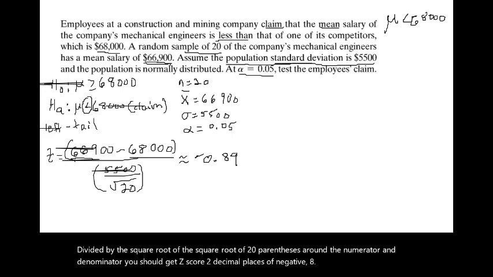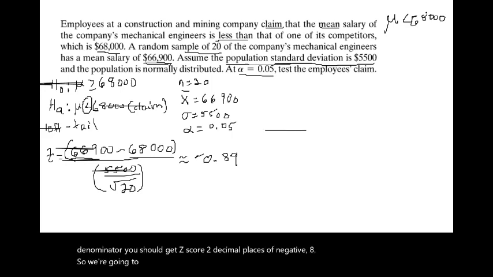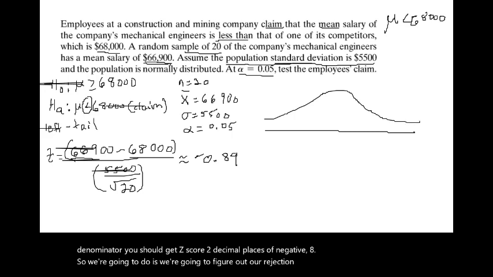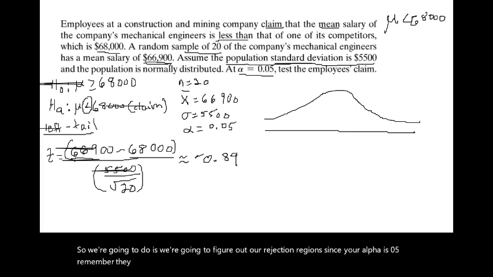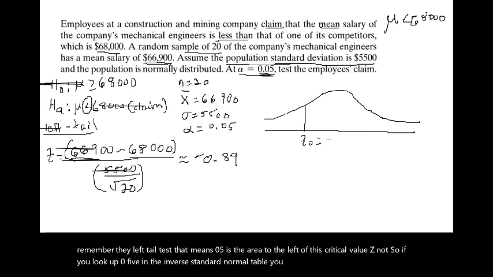So then what we're going to do is figure out our rejection regions. Since your alpha is 0.05, remember this is a left tail test, that means 0.05 is the area to the left of this critical value z naught. So if you look up 0.05 in the inverse standard normal table, you get a z naught of negative 1.645.